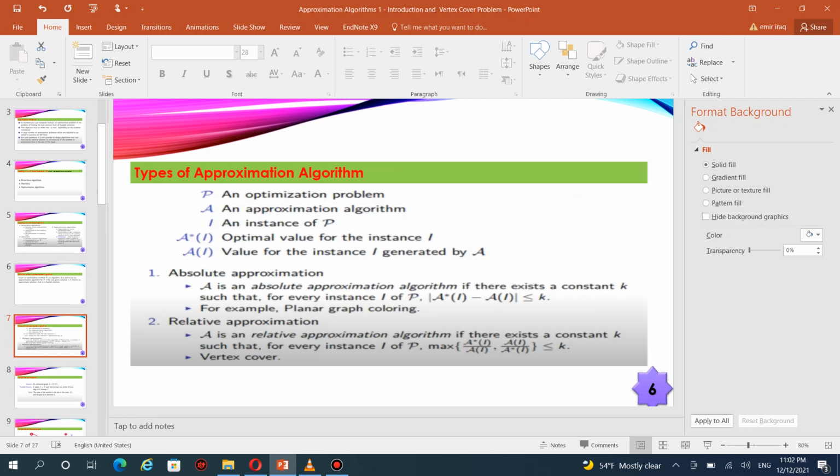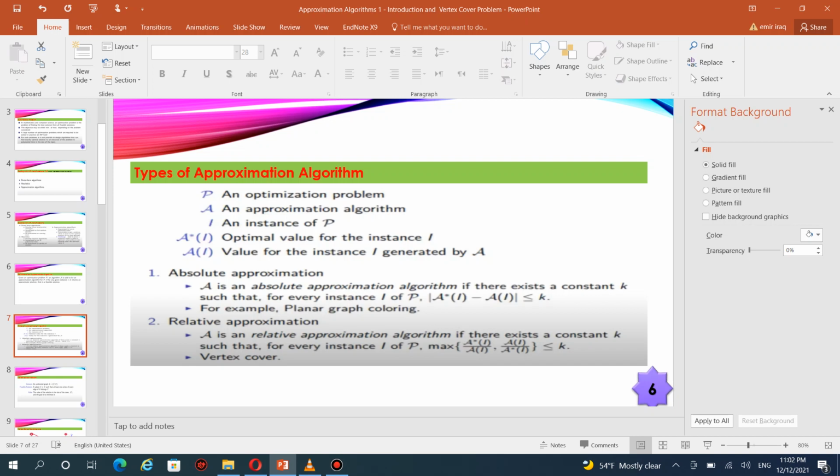I is an instance of P. A*(I) is the optimal value for instance I, and A(I) is the value for instance I generated by the approximation algorithm A.